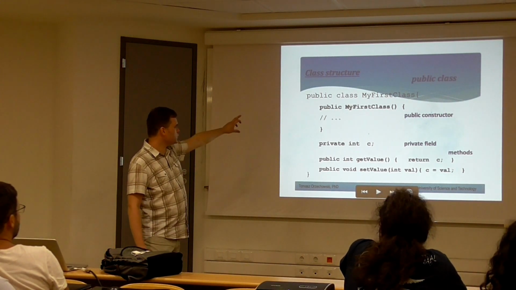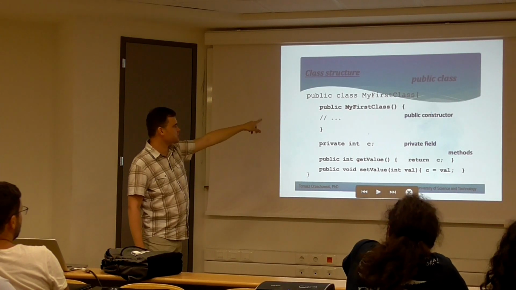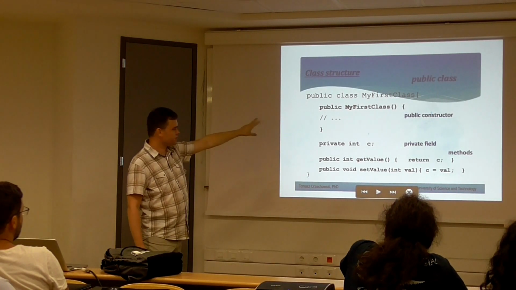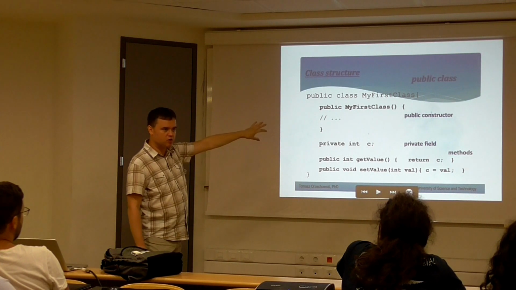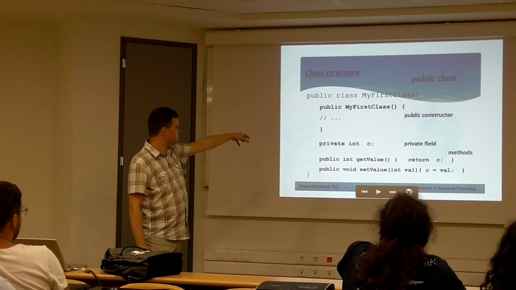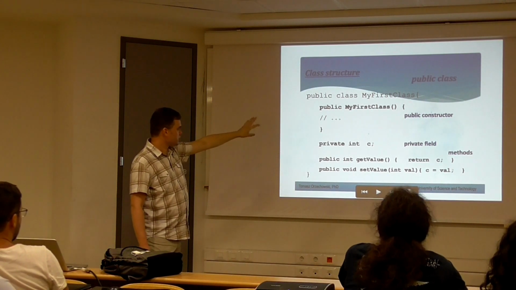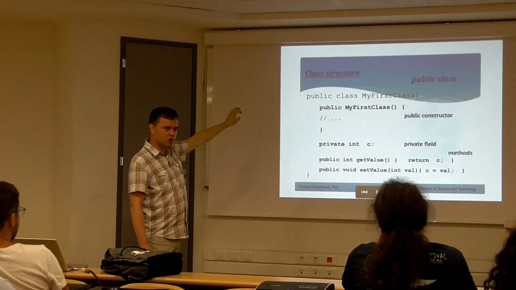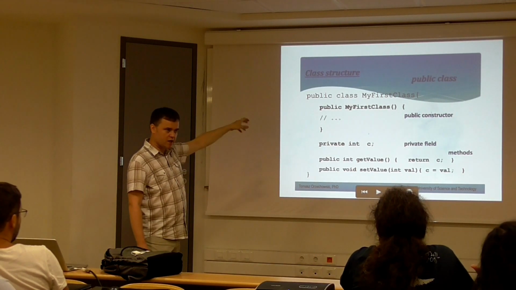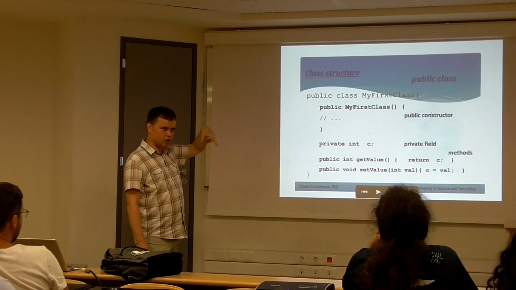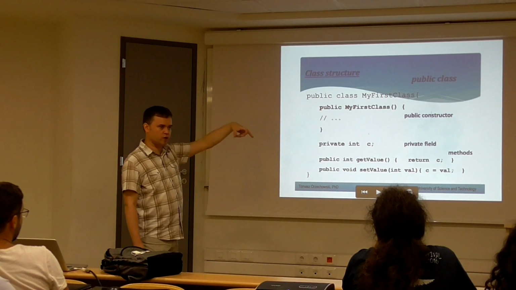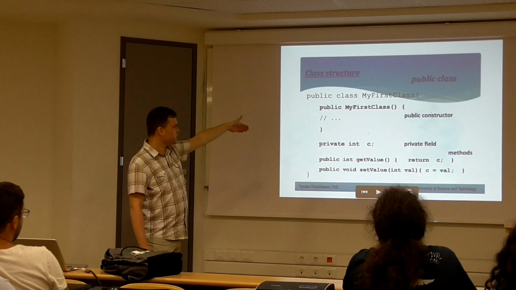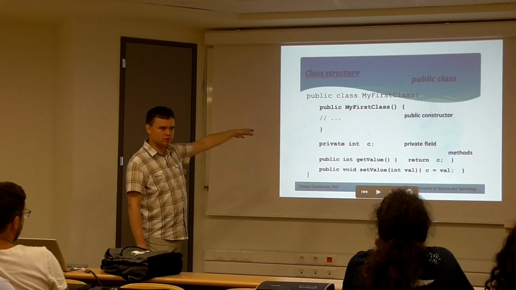In this example, you will see public MyFirstClass is a constructor. So there is no returning value. This constructor is public. It means that the user can use the new operator to create the object using, in this case, this MyFirstClass constructor.